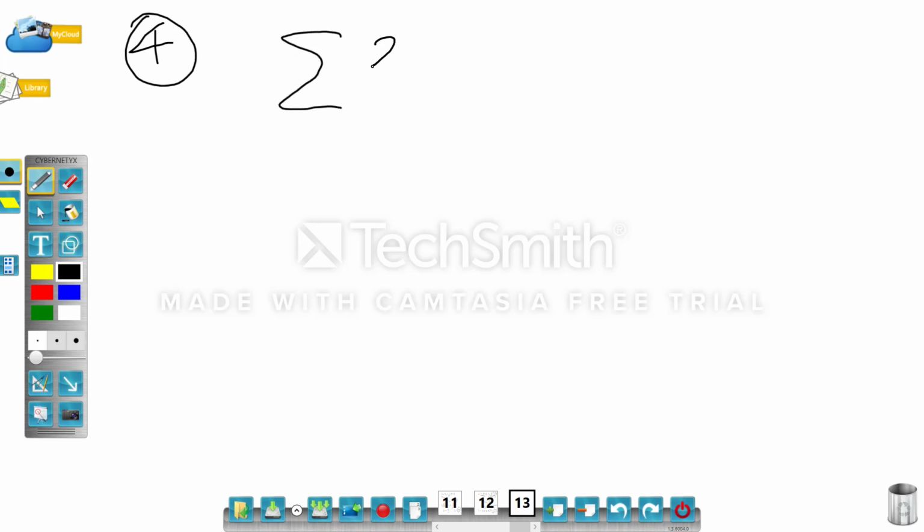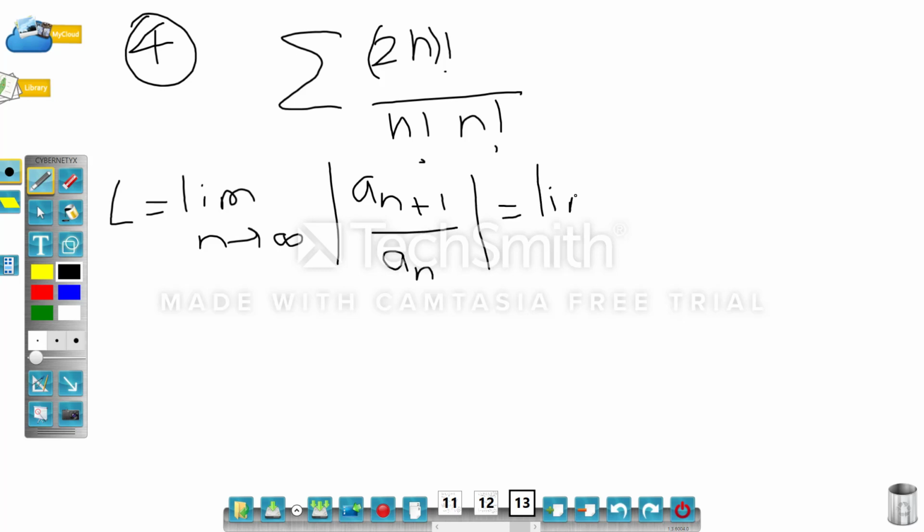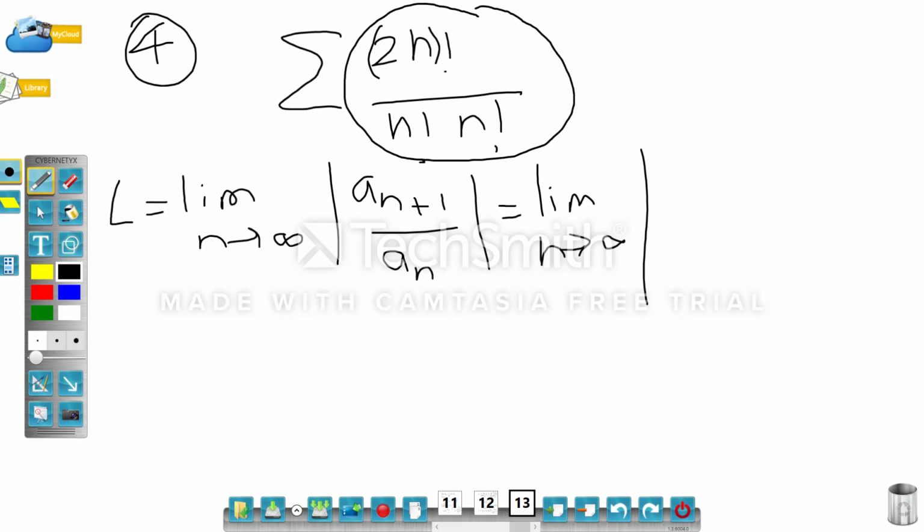The series is (2n)! upon n! n!. So let's find out L, which is the limit as n goes to infinity of modulus of a_(n+1) upon a_n. Now you could understand what a_n is. a_n is basically (2n)! upon n! n!.